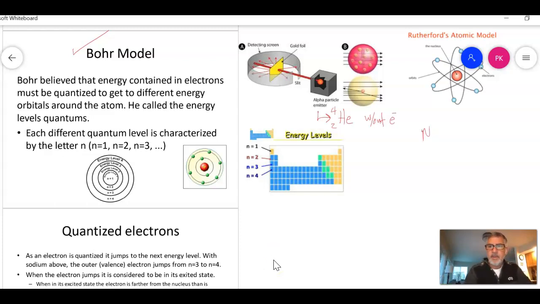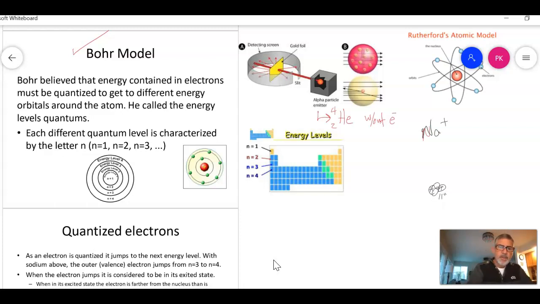So if I take sodium, in the middle it has protons and neutrons, right? We'll say that it has 11 protons in the center of the atom.